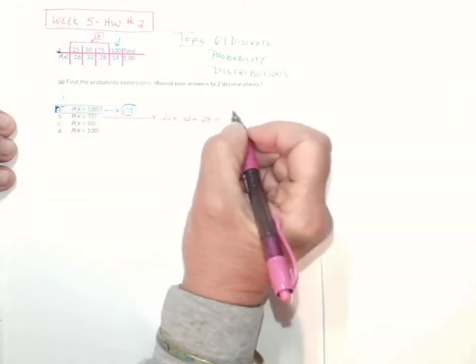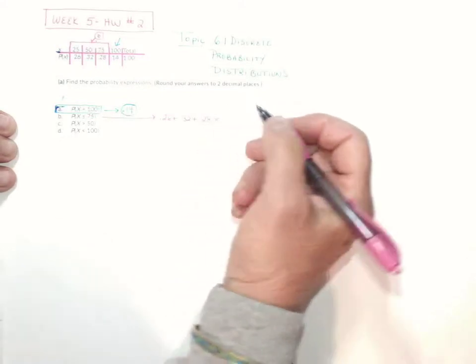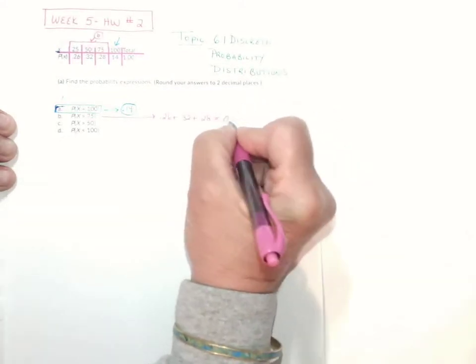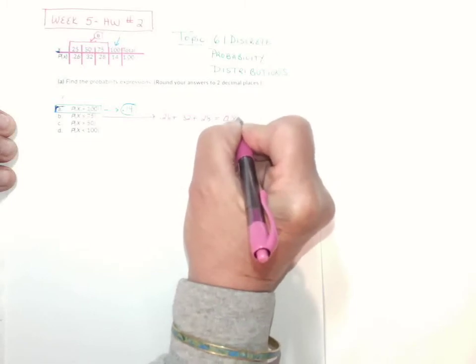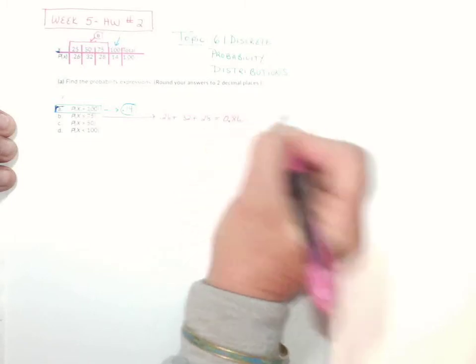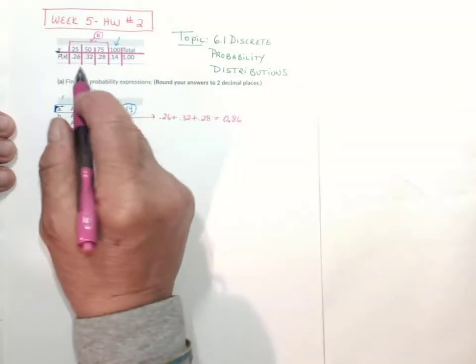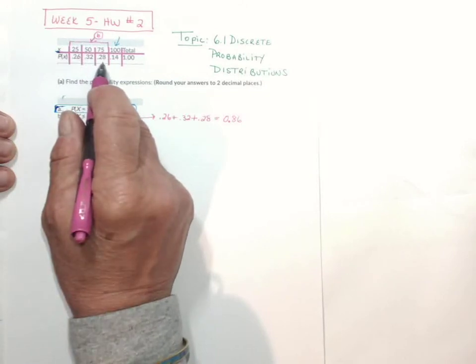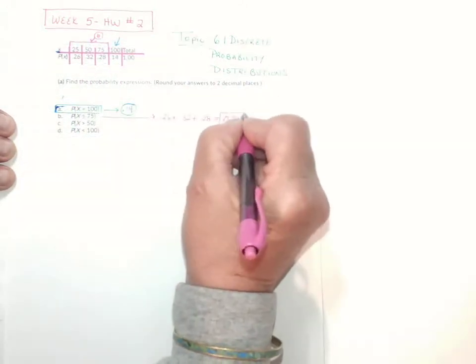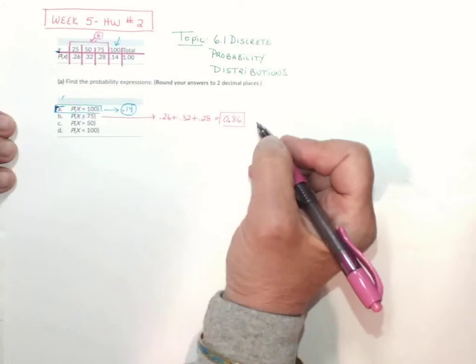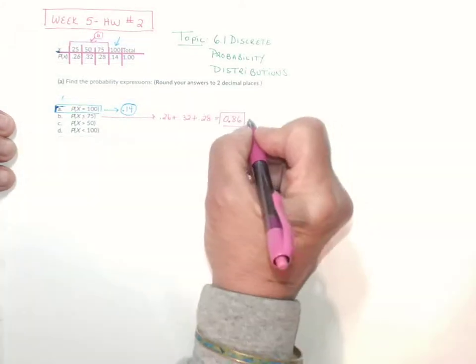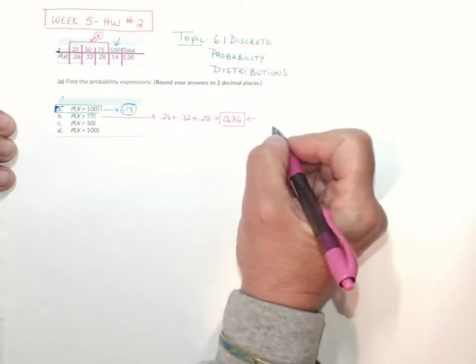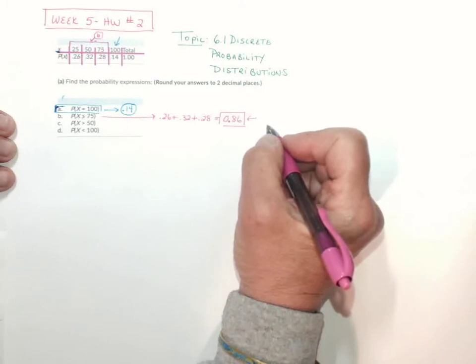And you add those up, and you're going to get a probability. Sometimes it's good to put the 0 so that you can see. Okay? So if we add these numbers up, the probability is 0.86.